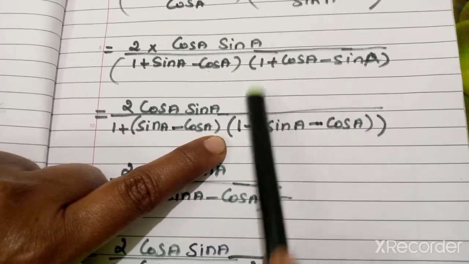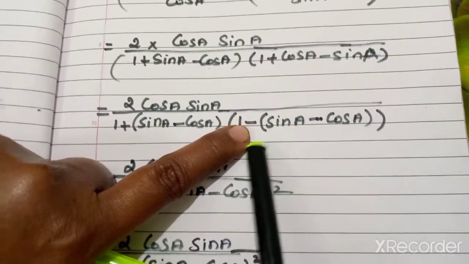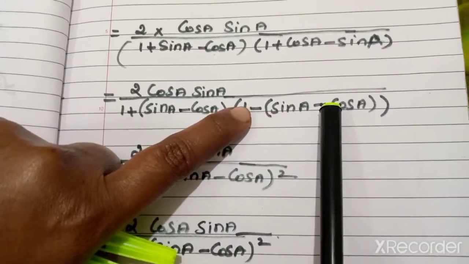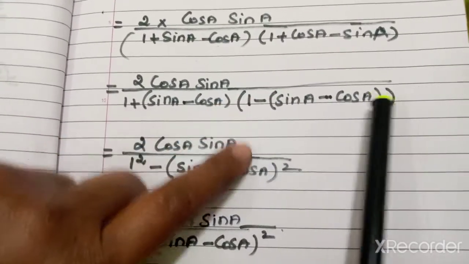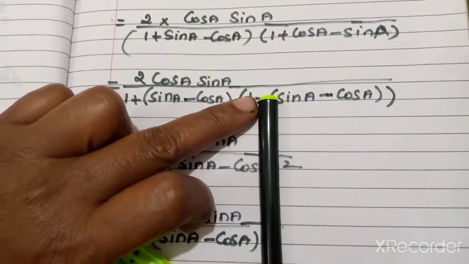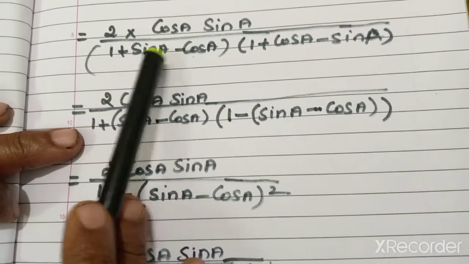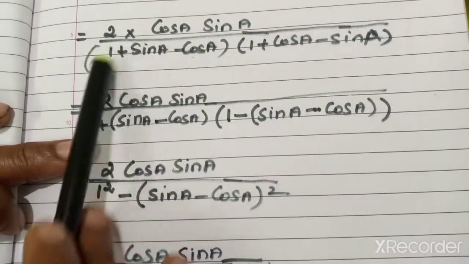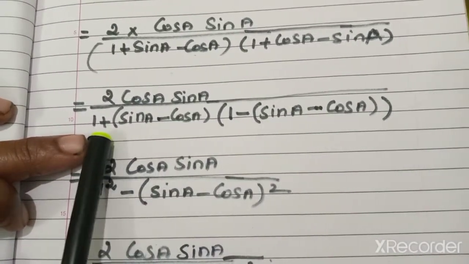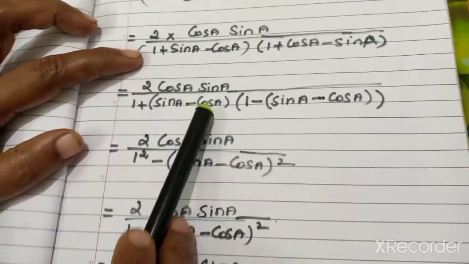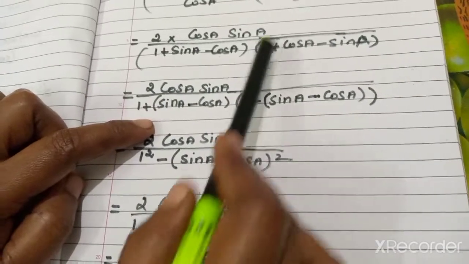So 1 minus, this minus we have taken out, so this minus sin A becomes plus sin A. Minus into minus plus, so cos A into cos A, cos square. 2 cos A sin A by 1 plus sin A minus cos A. First term over, we are using A plus B into A minus B form, so that you understand this term A plus B form, so here we used the bracket, into numerator as it is written.